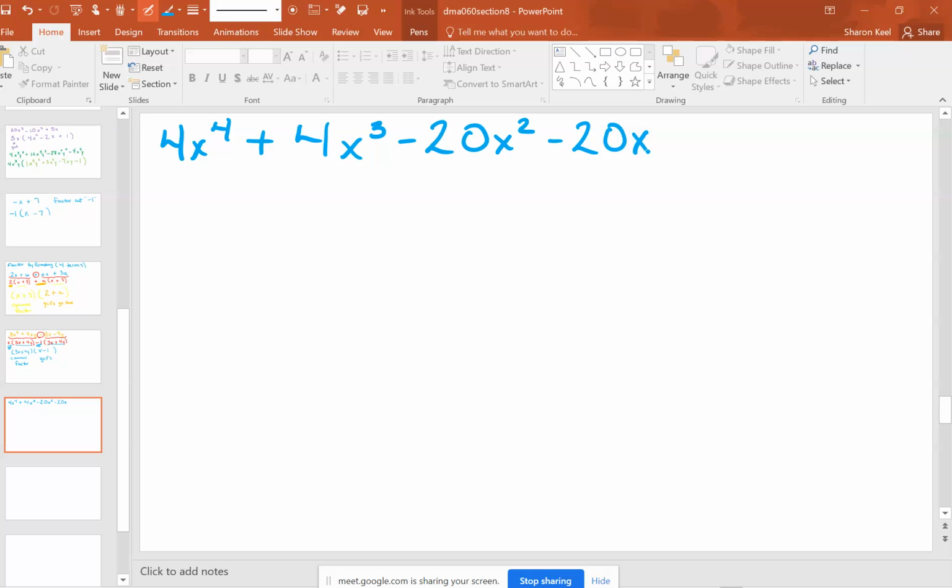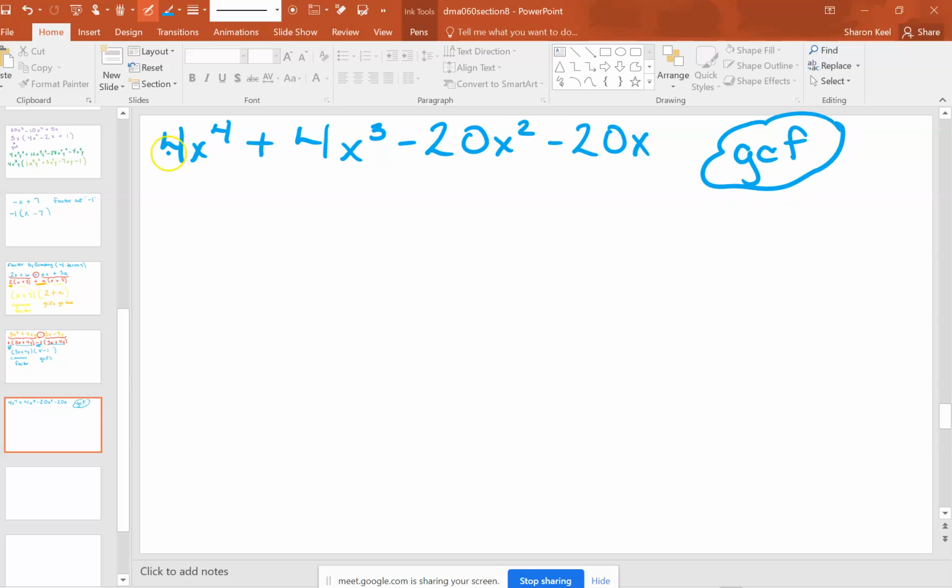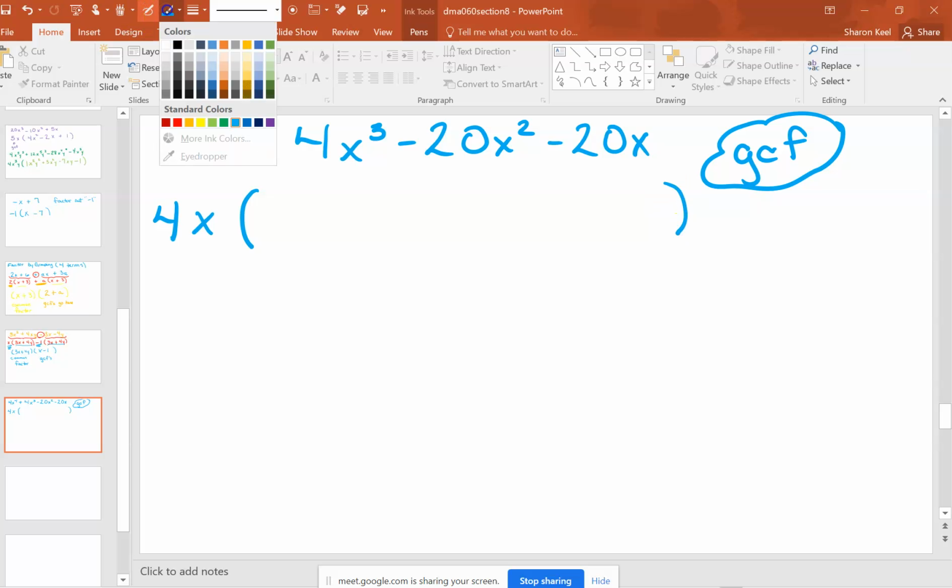Instead of doing two terms, we're looking for a GCF in general. 4, 4, 20, 20. 4 goes into every number, so 4 would be a greatest common factor. 4, 3, 2, and 1, all of them have at least one x. So the 4x is going to be the big major GCF that's going to get factored out.